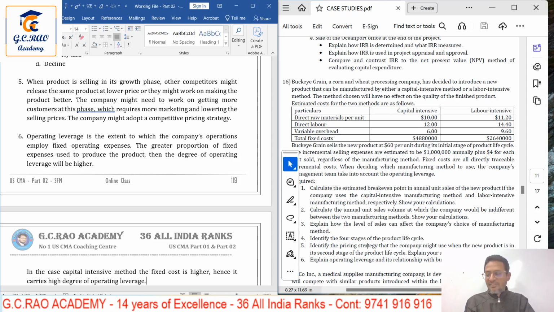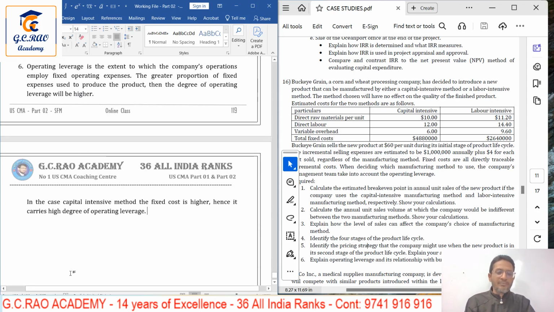So the fixed cost of capital intensive is higher compared to labor intensive, and the operating leverage of capital intensive will be higher.